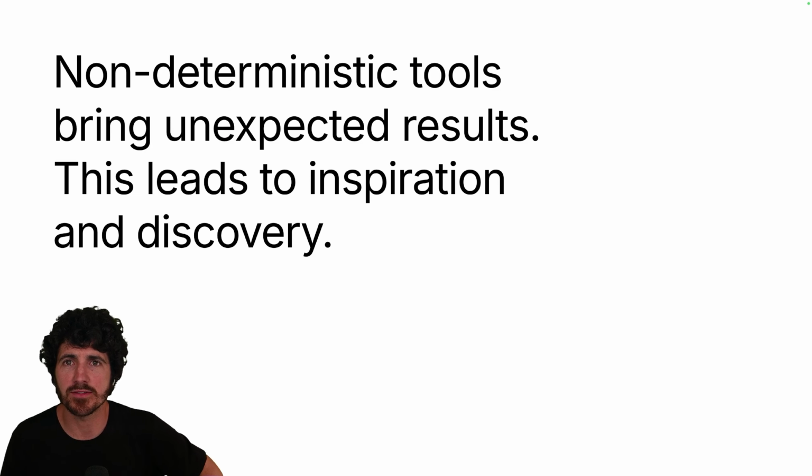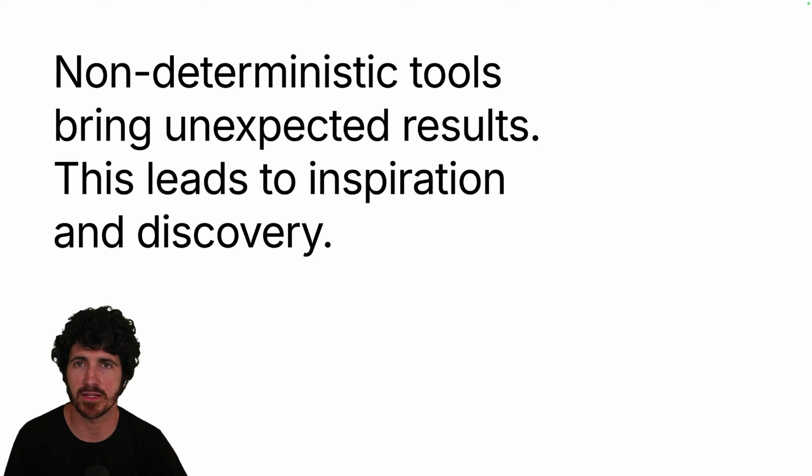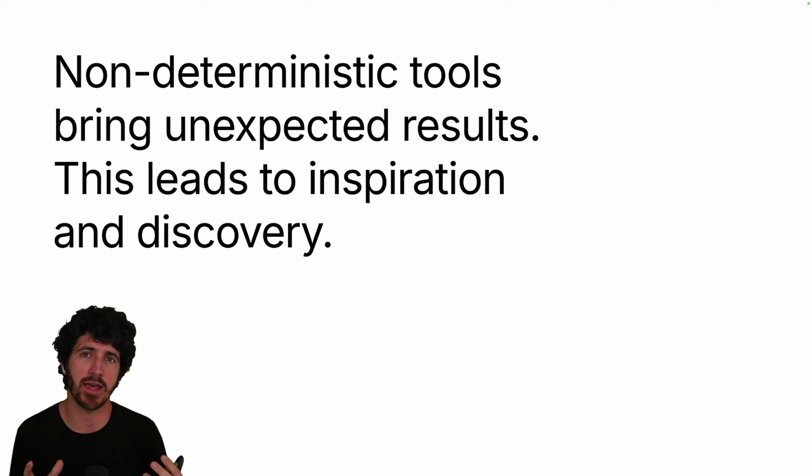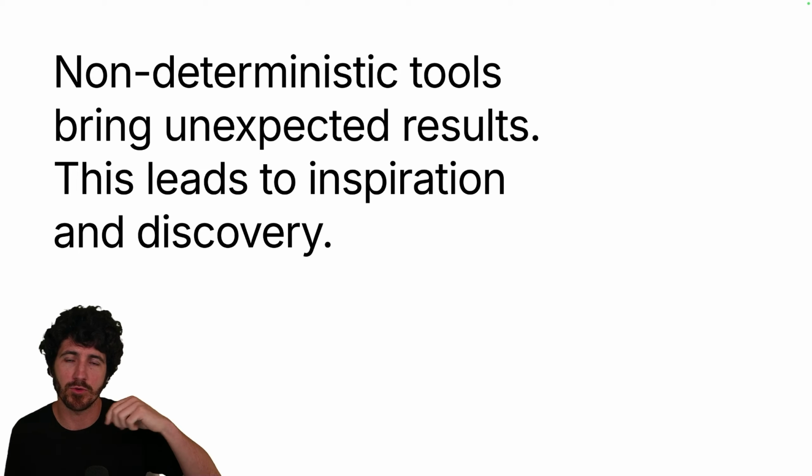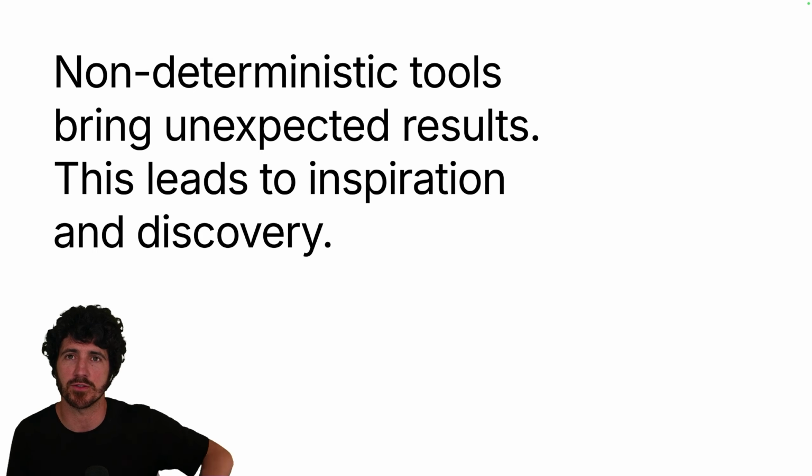And yeah, so I think non-deterministic tools bring unexpected results, and as I said, this might lead to you creating things that you usually wouldn't have done. And also, I think what I like the most is if we can create tools that help kids, for example, build intuition about how things work. Like if you could allow them, not do things for them, but also help them through a process of creating.